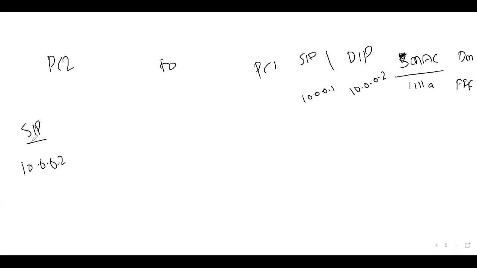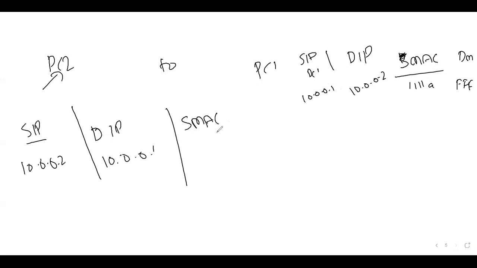Hope you understand. The source IP means I'm talking from PC2, going backwards. What is the destination IP? 10.0.0.1, which is going back to the source system. I mean, this is PC1. Now, source MAC. Source MAC is the MAC of PC2, which is 111B.